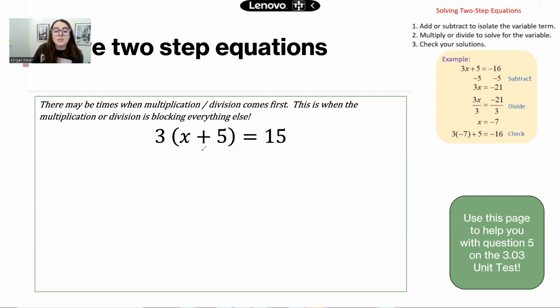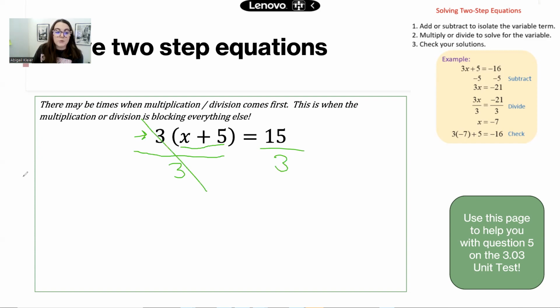Because our addition problem is stuck under the parentheses, we need to remove the parentheses first. And the only way to do that is to get rid of this multiplication problem that we have. So 3 is multiplying x plus 5. In order to get rid of multiplication, we're going to divide.